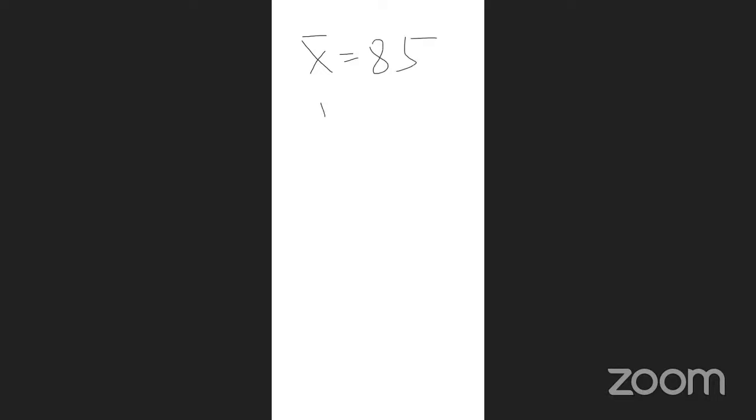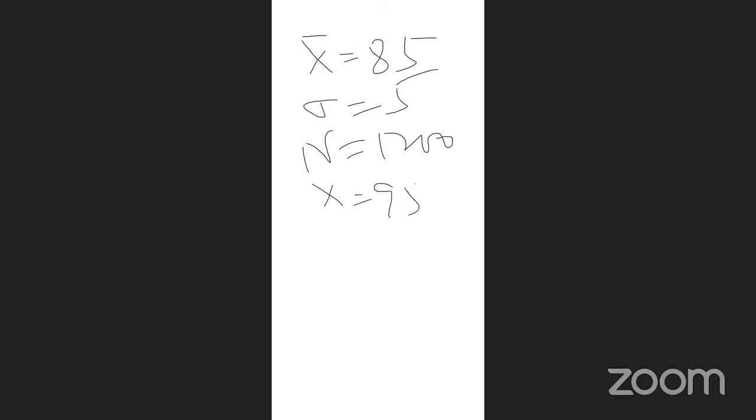Your standard deviation is equal to 5, and n is equal to 1200, and he gave us x is equal to 95.